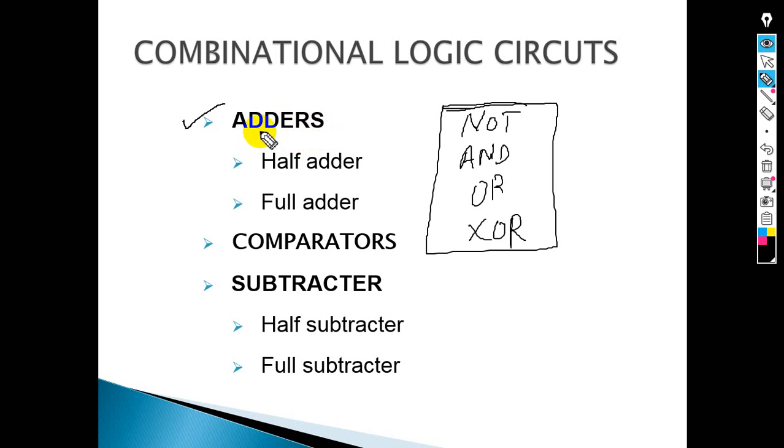For example, if we have binary numbers like 1010 and we want to add them, how will we add? 1 plus 0 is equal to 1, 0 plus 0 is equal to 0, and 1 plus 1 is equal to 10. I have solved these questions in previous video sessions.